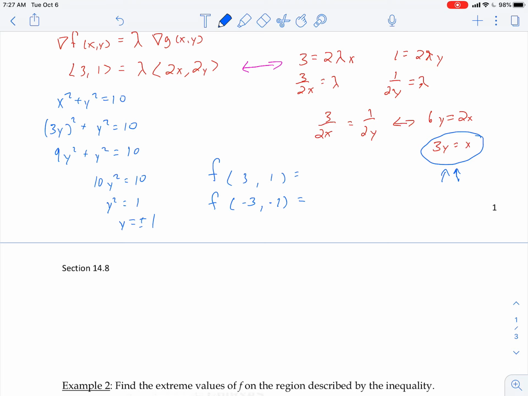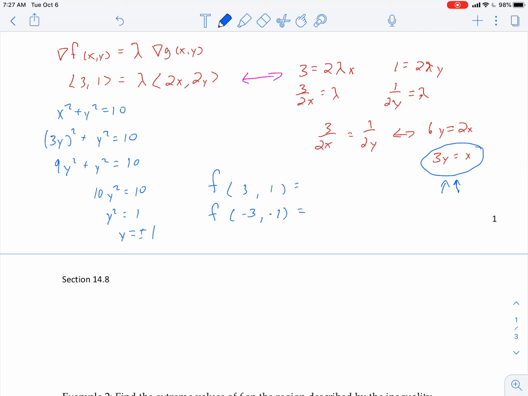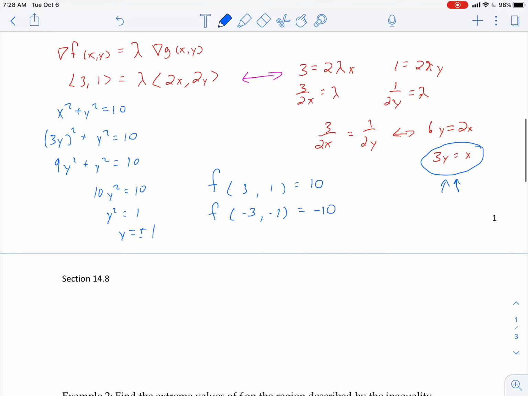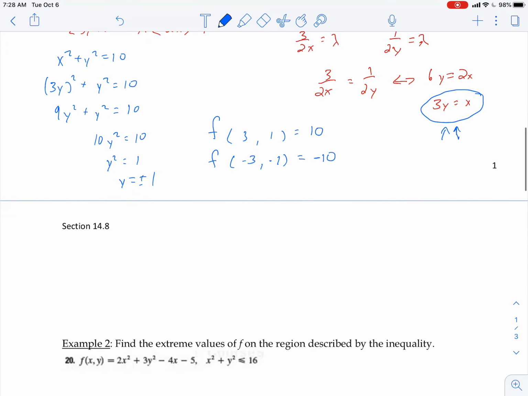When I do f of 3, 1, that's just going to give me 10. And when I do f of negative 3, negative 1, that's going to give me negative 10. And so here we have a max at f of 3, 1 equals 10, and a min.